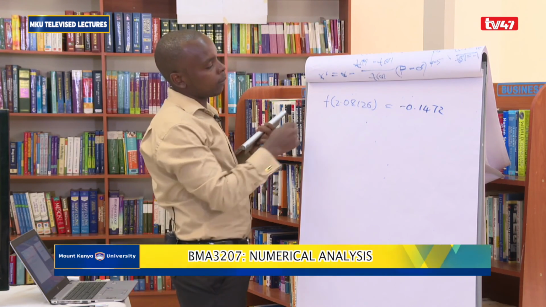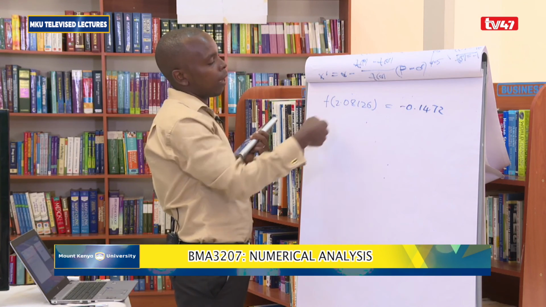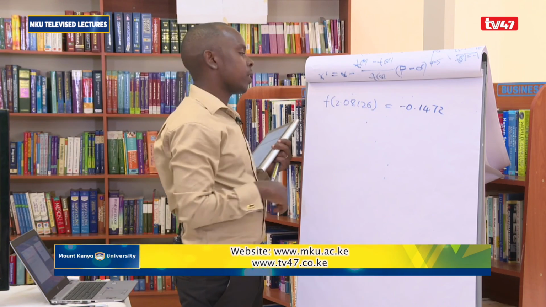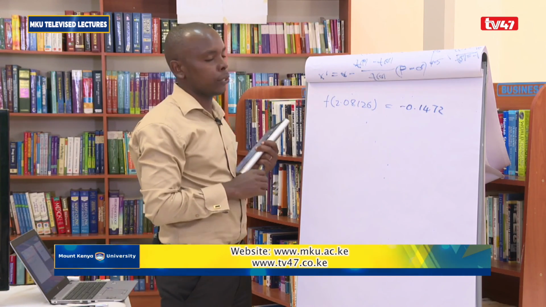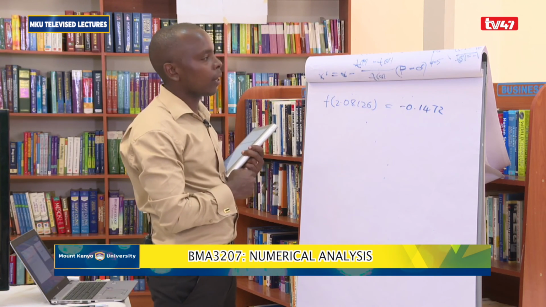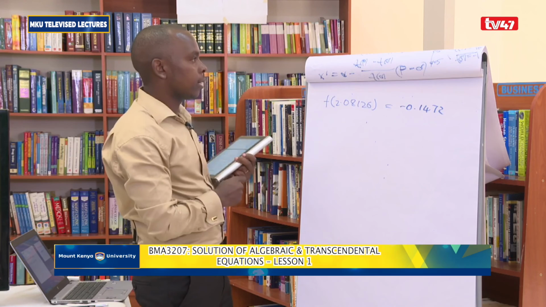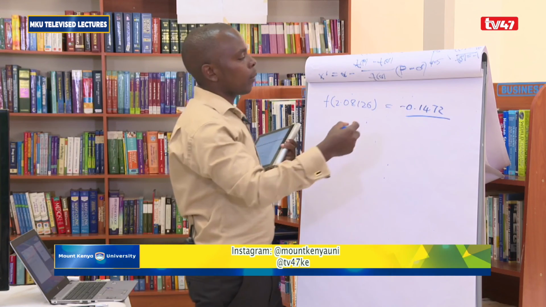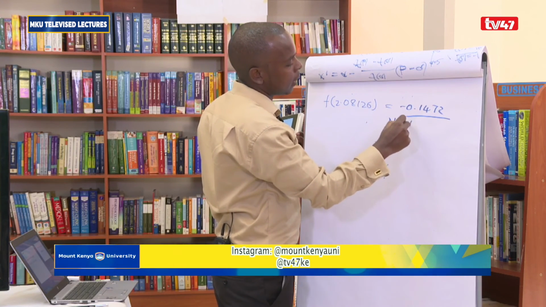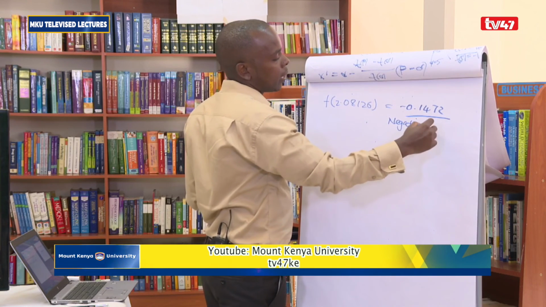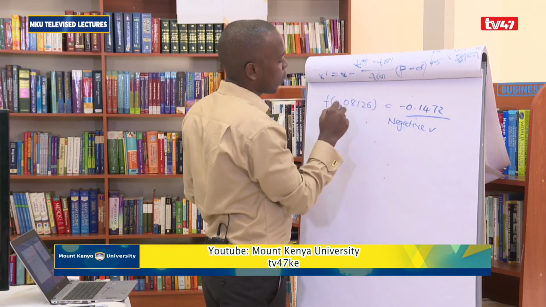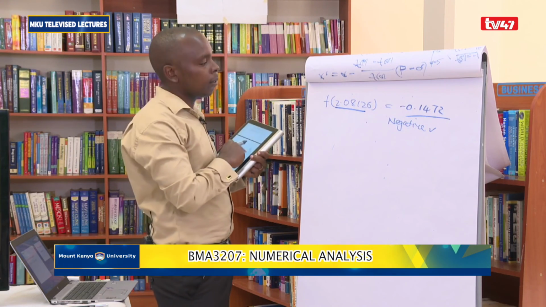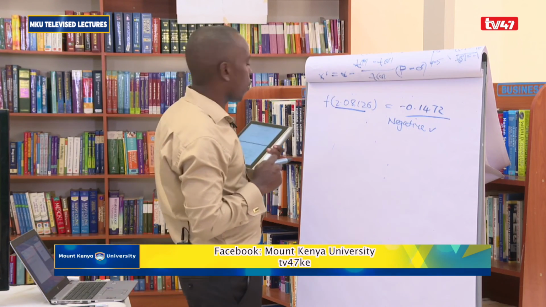To calculate f of 2.08126, it is very easy. We plug it into our expression and then find the corresponding value of f(x). And since it is negative, this is our latest negative value. So we shall consider this value, and our latest positive value for f(x), which was given by 3.